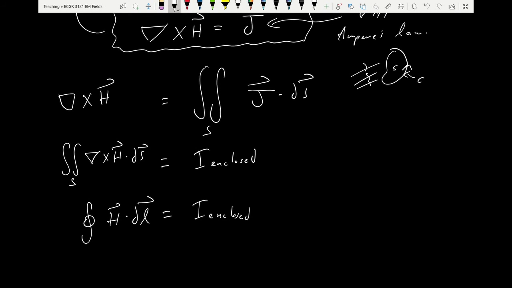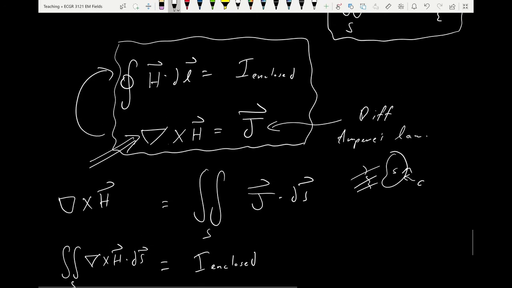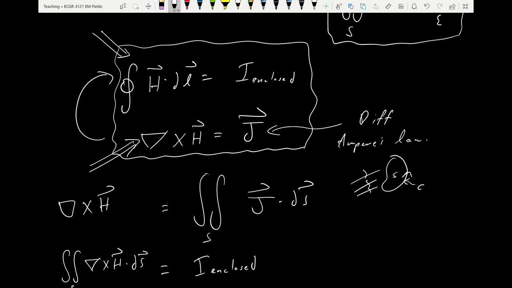Okay, so this differential formalism is equivalent to this integral formalism, and they are both the same representation of Ampere's law, just as the integral formalism of Gauss's law is the same as the differential formalism of Gauss's law. Let me write it quickly again here.